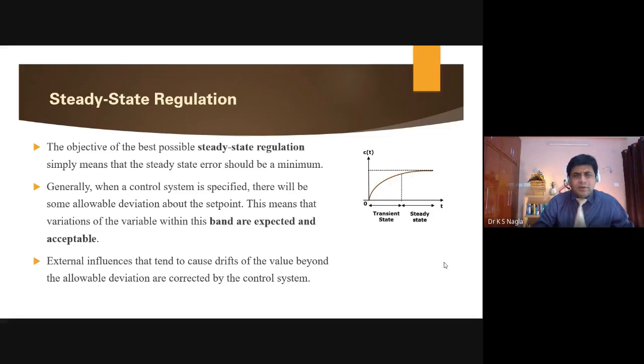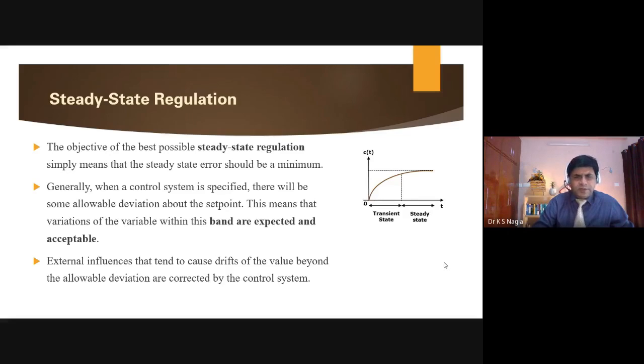If you again consider the example of speed control of a car, as per the specification of a car having its own momentum, when you give the specification of an automatic car, you will say that you can control the speed up to 60 kilometers per hour with plus or minus 1 or 2 kilometers. So plus and minus is your tolerance, the allowable deviation about the set point.